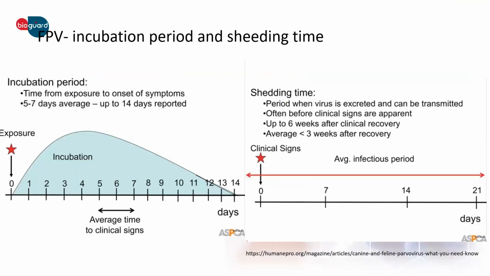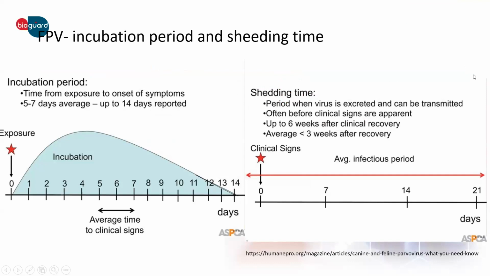And for the FPV, the incubation period, same thing, we need to focus again. The incubation period may vary from each individual because of their immunity and the amount of virus they get embedded into the cat's body, but usually 5 to 7 days.